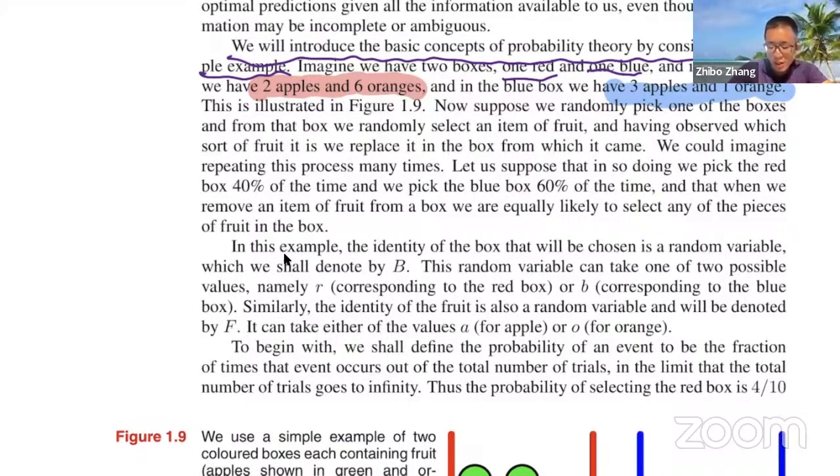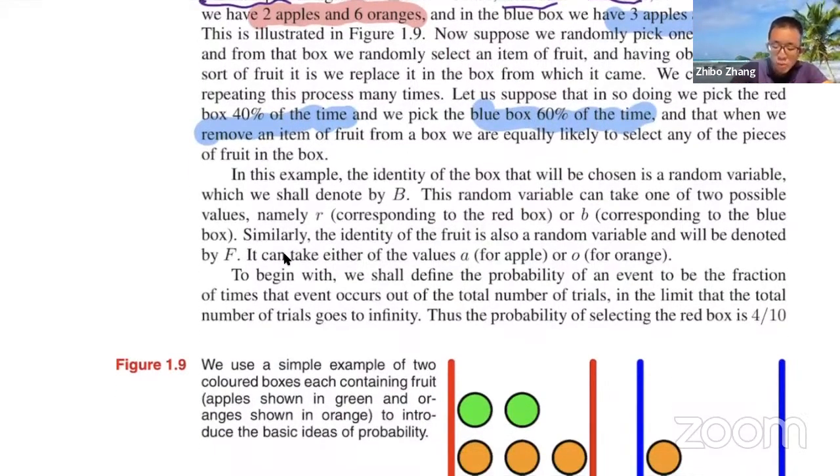Let us suppose that in doing so, we pick the red box 40% of the time, and the blue box 60% of the time. And that when we remove an item of fruit from a box, we are equally likely to select any of the pieces of fruit in the box.